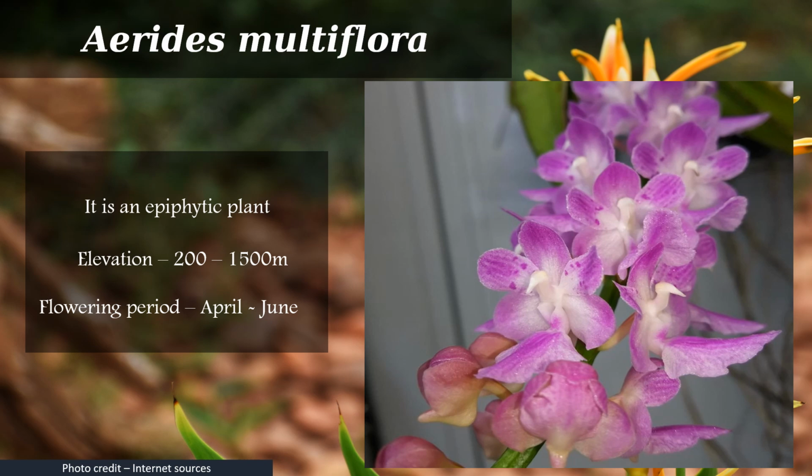So let's move to how to identify Aerides multiflora. The common name is mainly many flowered fox brush orchid, and it has a beautiful fragrance also. It is sometimes small to medium size, a single stemmed orchid with a stout many leaf stem, and the leaves are strap shaped, curved, bilobed at the tip.